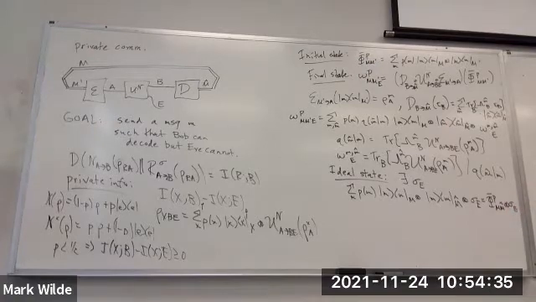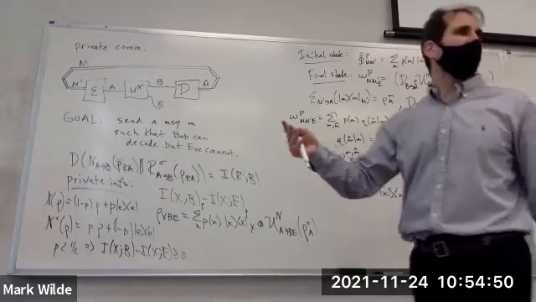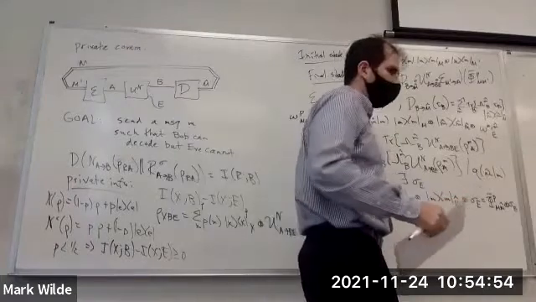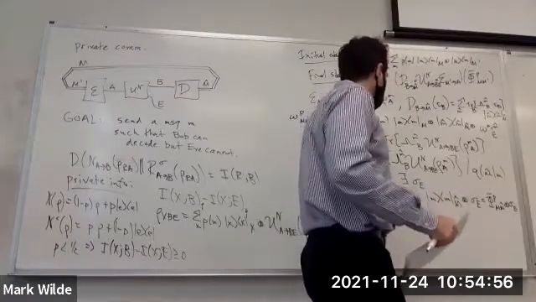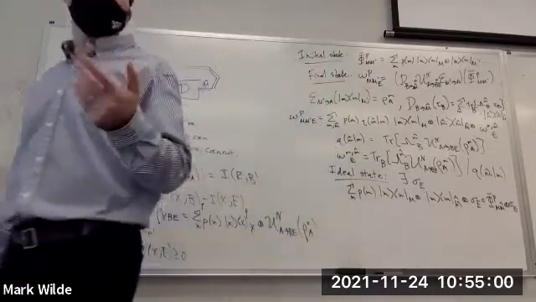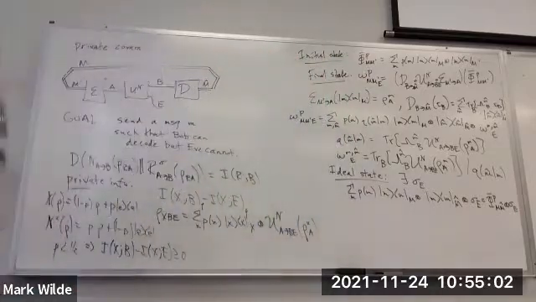And so Eve cannot learn anything about the message being sent. She might as well do random guessing of the message. It depends on the distribution, but let's imagine that it's a uniform distribution, then you'll have a 1/M chance of guessing the message. Question? Yeah.